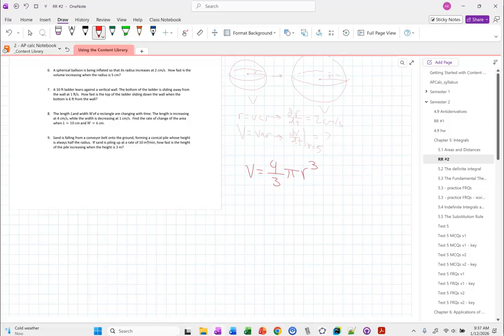So I'm going to find an equation that models the situation. We're talking about the volume of a sphere. Use the volume of a sphere formula. My suspicion is this would be something that would be given to you on an AP exam if they expected you to use this. And then we'll do the derivative of both sides.